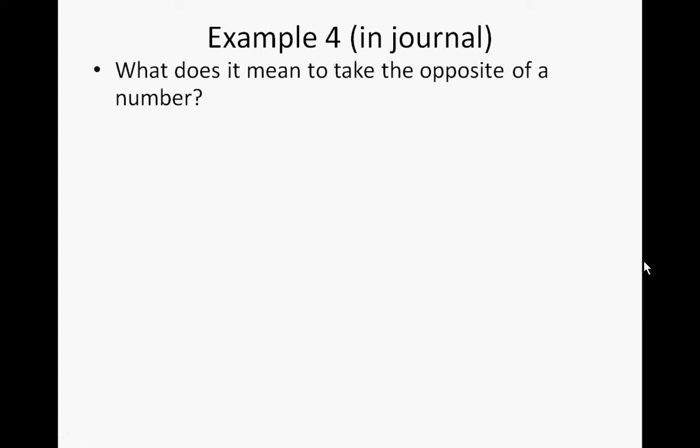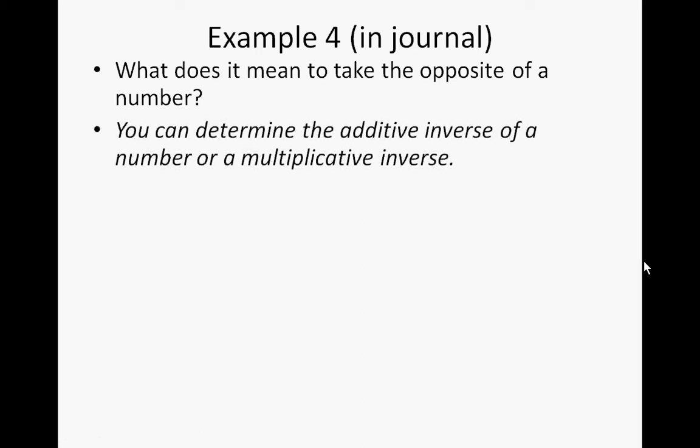All right, example 4, we're going to do in your journal. So what does it mean to take the opposite of a number? Well, you can determine the additive inverse of a number or the multiplicative inverse. So what is the opposite of 2?